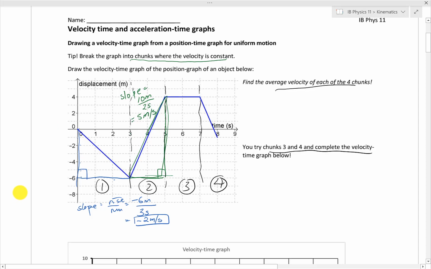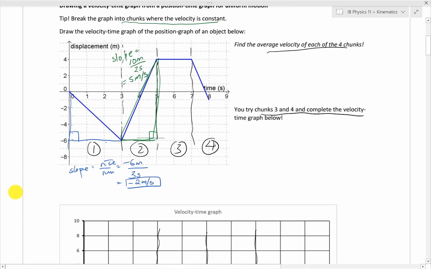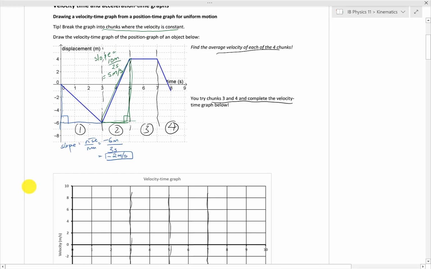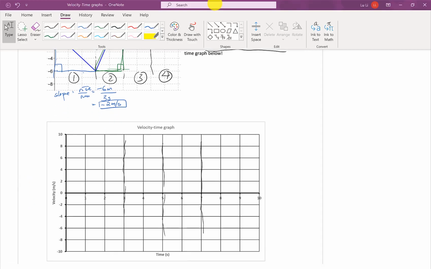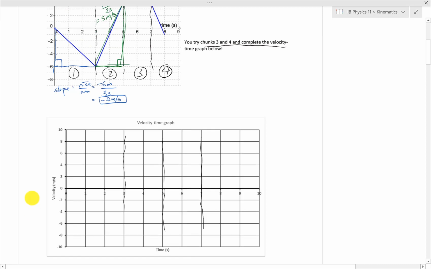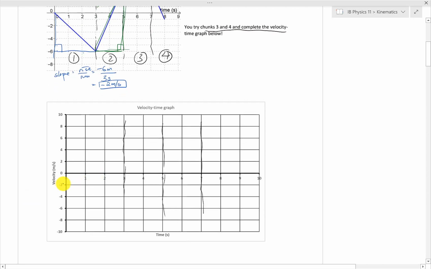We can now graph the first 2 chunks on our velocity time graph. So first of all, we have a -2 meters per second. So all the way from 0 to 3 seconds, the velocity is constant, is not changing. It's going to remain at -2 meters per second. Just like that.